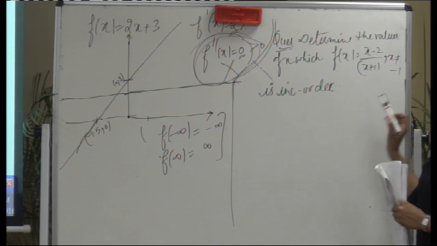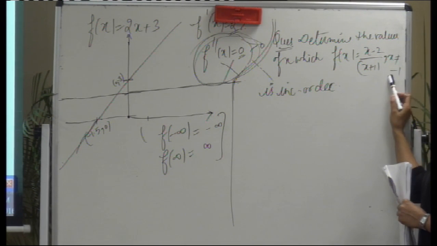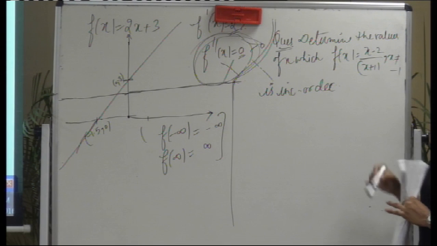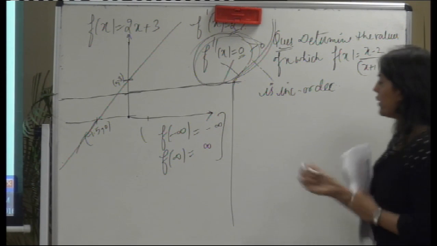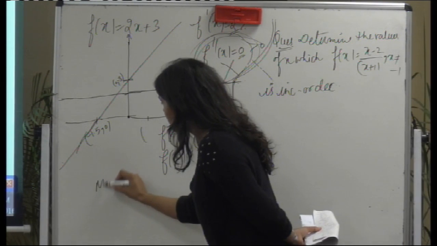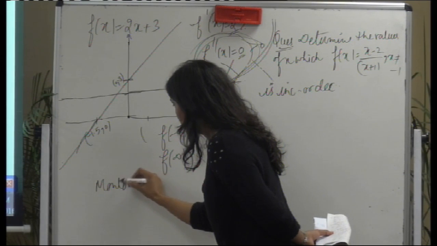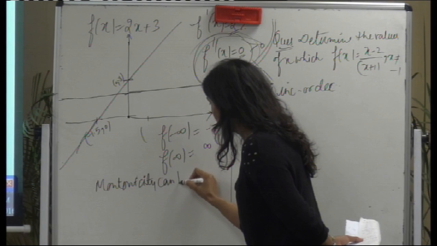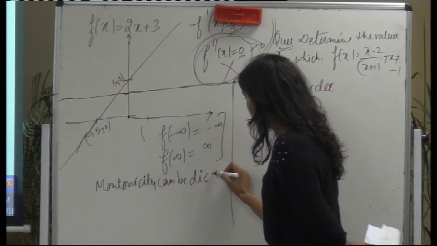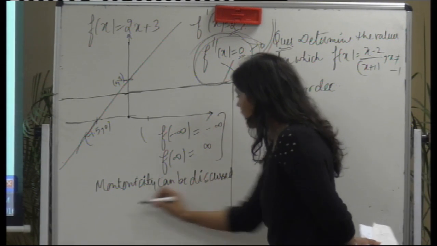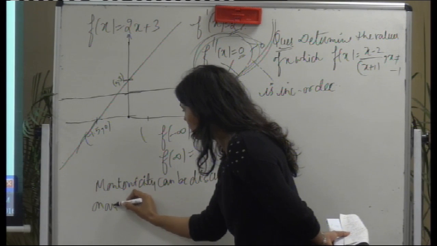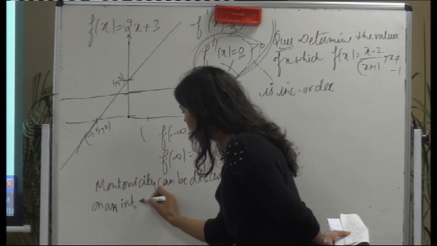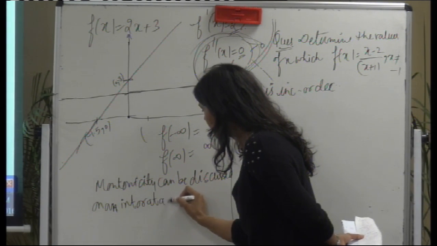Why are we not including it? Can't we check the monotonicity at x equal to minus 1? The point is that monotonicity can be checked, can be discussed basically, on an interval or at a point.